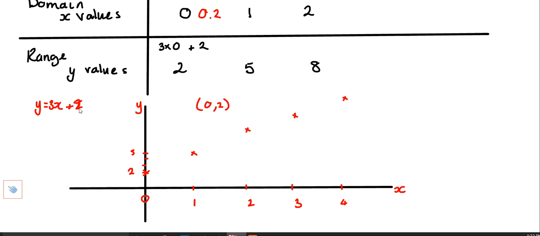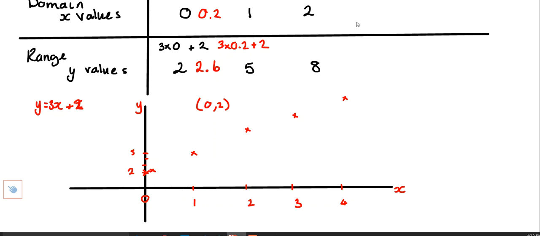So it would be 3 times 0.2 is 0.6, plus 2 is 2.6. I've just put it in. So using my function, 3 times 0.2 plus 2 gives me 2.6. Now, if I were to put that point in, that would be about there.